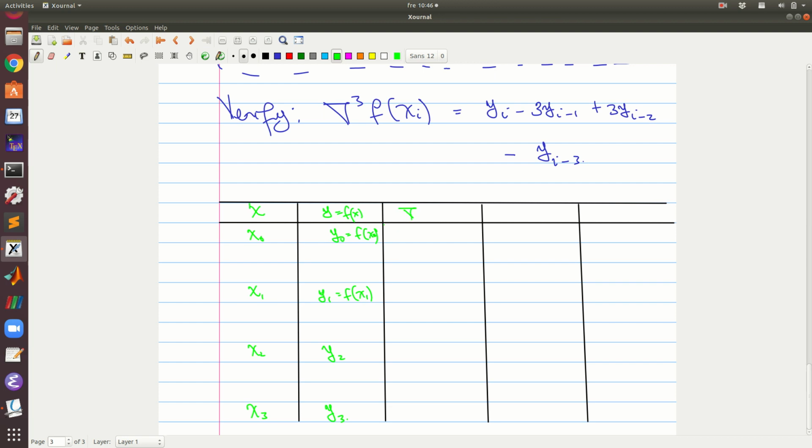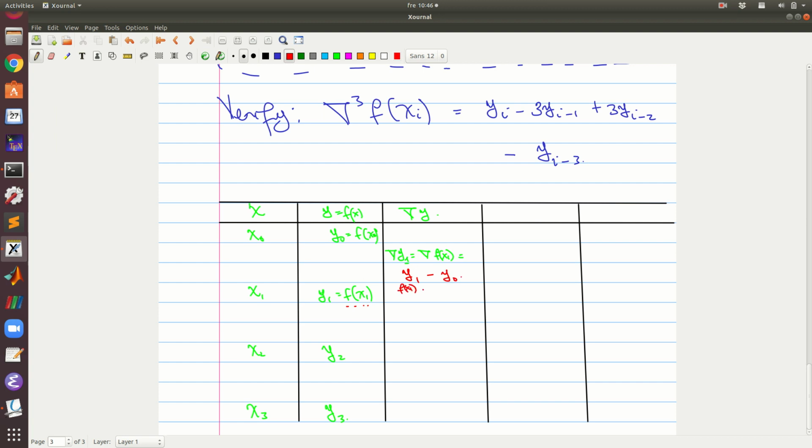So we have the first backward difference here. This is going to be the first backward difference operator at y1, which we can write as f of x1, and we have said that this is equal to y1, this value here, minus y0, the value here.